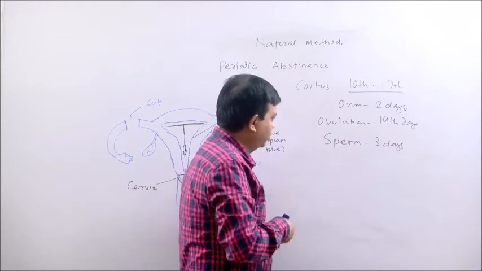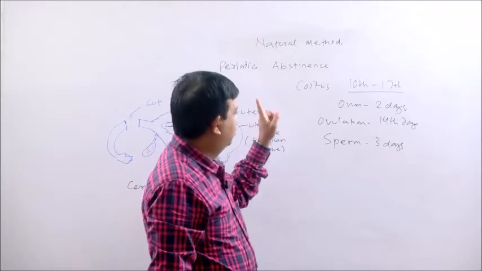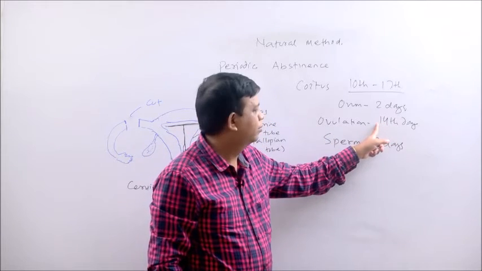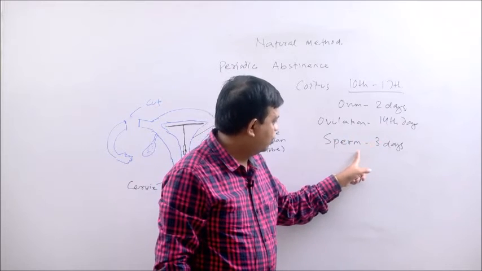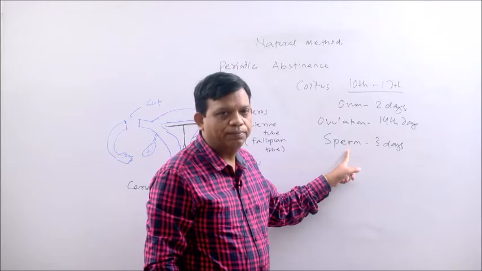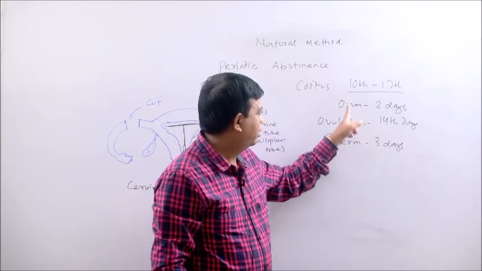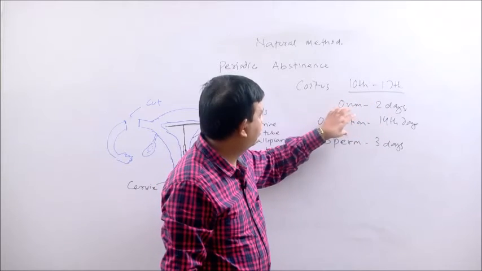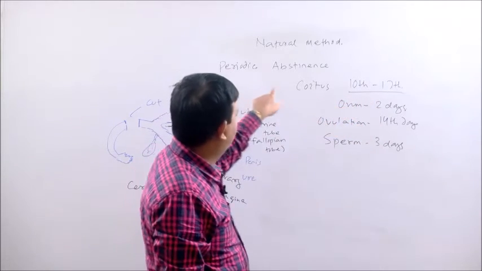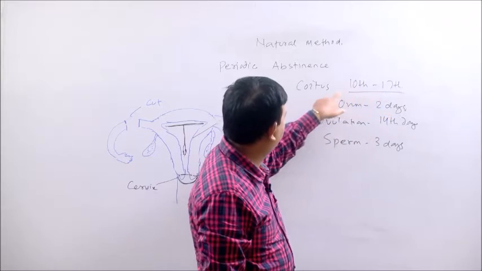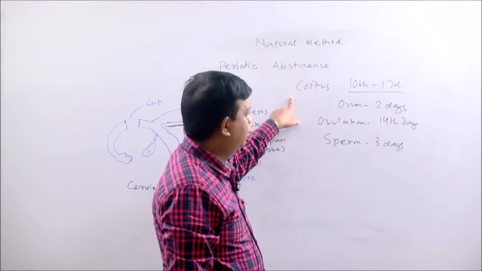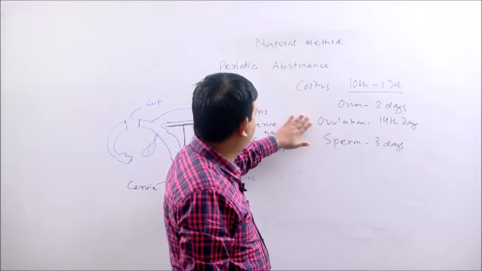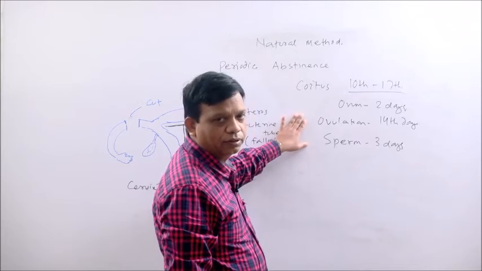So you can see here, usually ovulation occurs on the 14th day of the cycle. The sperm can survive in the genital tract of the female for about 3 days, and the released egg can survive for 2 days only. So basing on these facts, this period has been chosen during which coitus is to be avoided, so that the chances of conception are reduced.